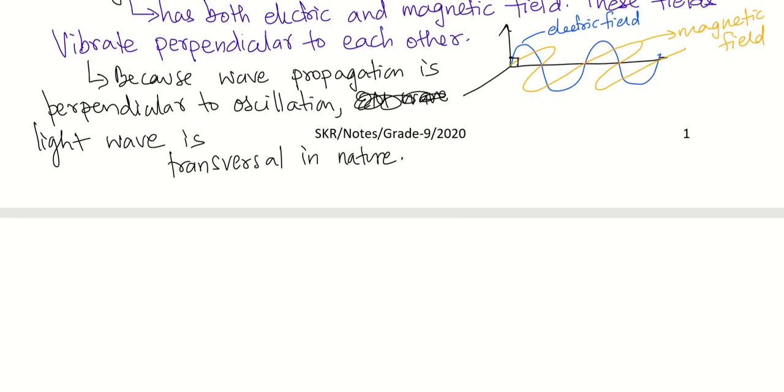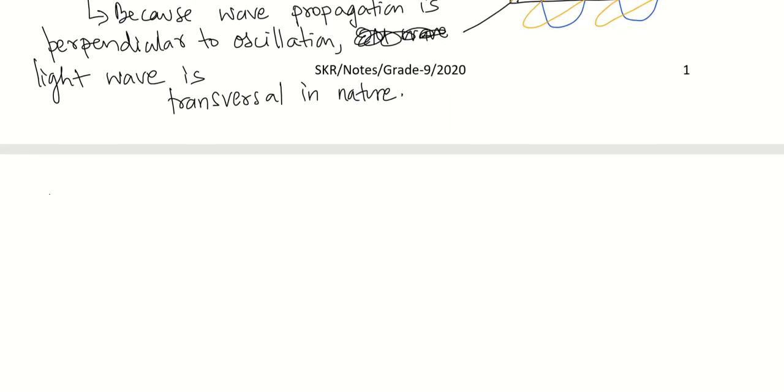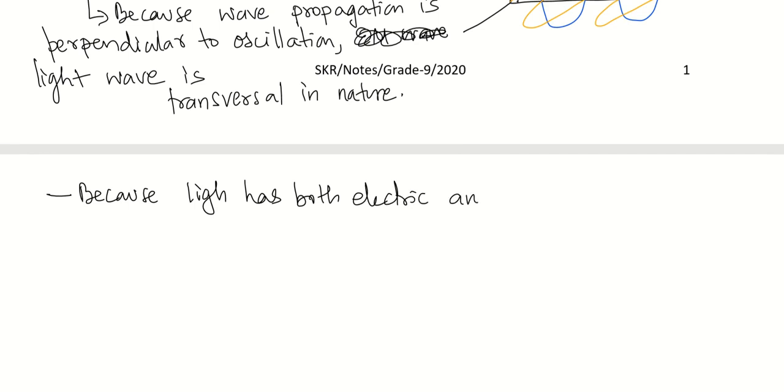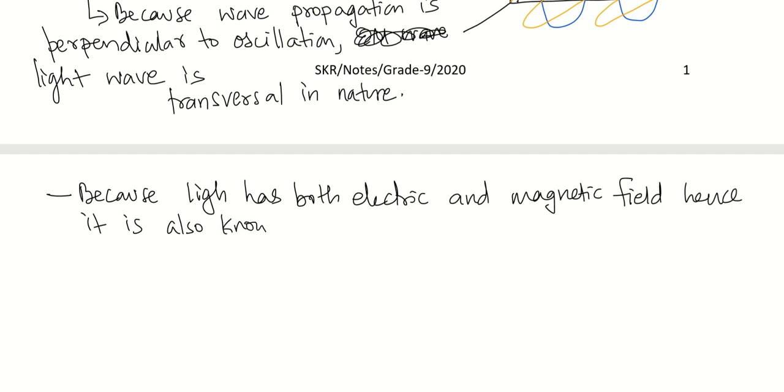Now because light has both electric and magnetic fields, hence it is also known as an electromagnetic wave.